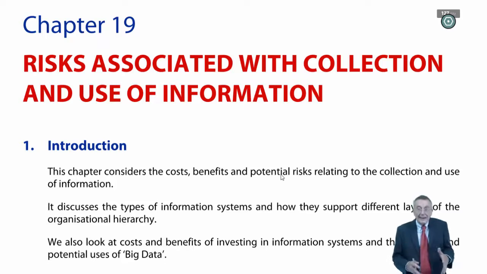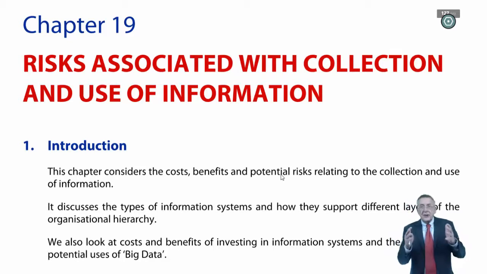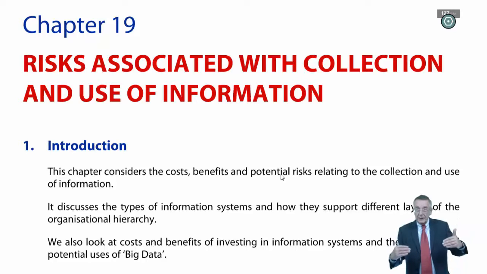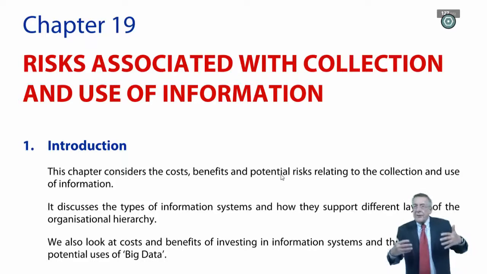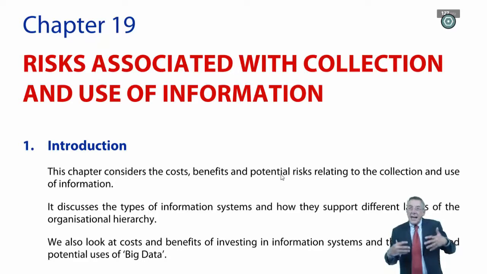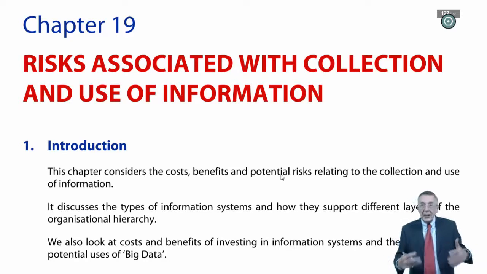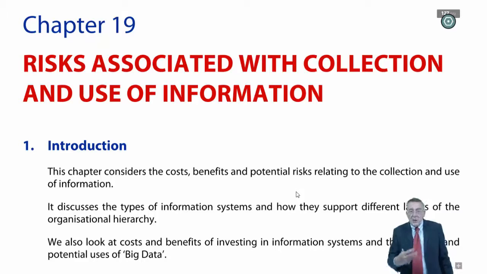And so what we're going to look at in this chapter are several things. Firstly, the sorts of information that the business actually needs at different levels of management. The sorts of software that's available to help management at different levels make decisions using the information.